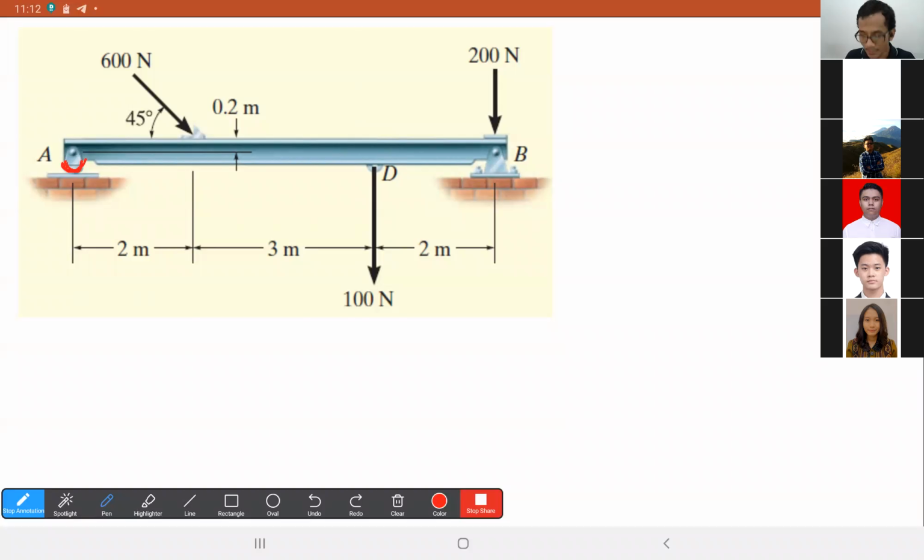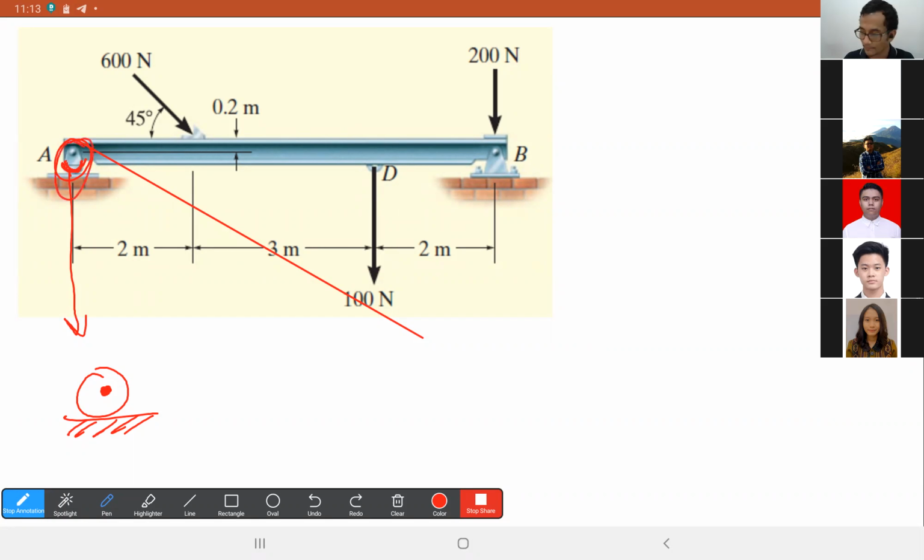The same as this one as well. This kind of joint is actually quite similar to this roller joint. If we have a roller joint like this, what kind of force can be exerted from the joint to the point, Matthew? Vertical force. Only vertical force, the same. These two are the same.